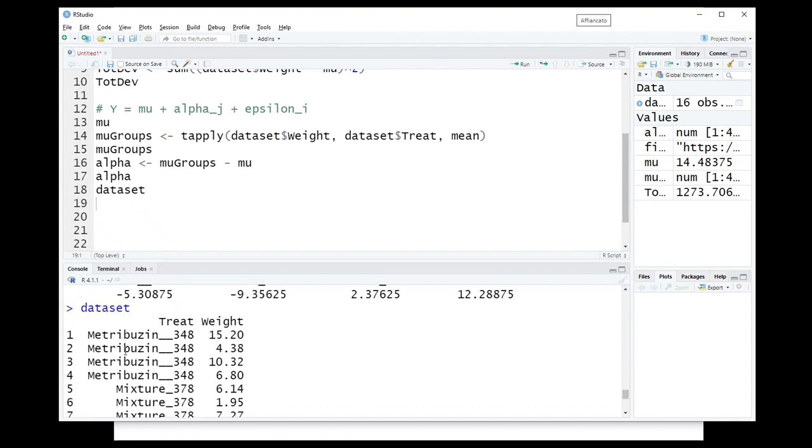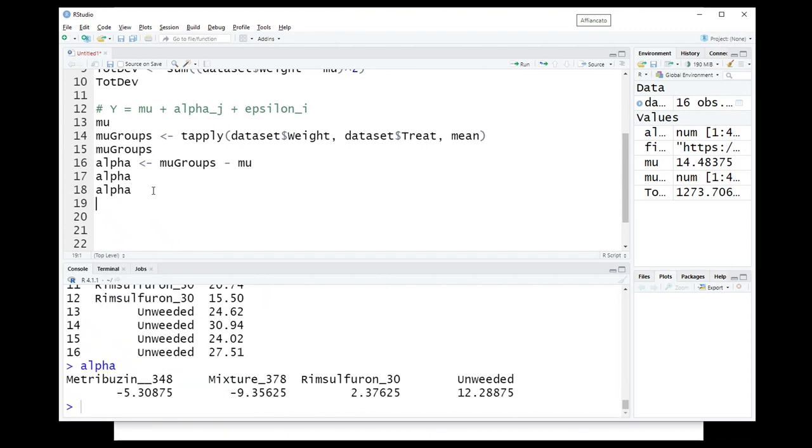So the first 4 subjects belong to the first treatment, so they have the first mean. Okay, so I'll add to the data set. I do like this. Look at me. I'm taking alpha, which contains the treatment effects, and replicate four times.